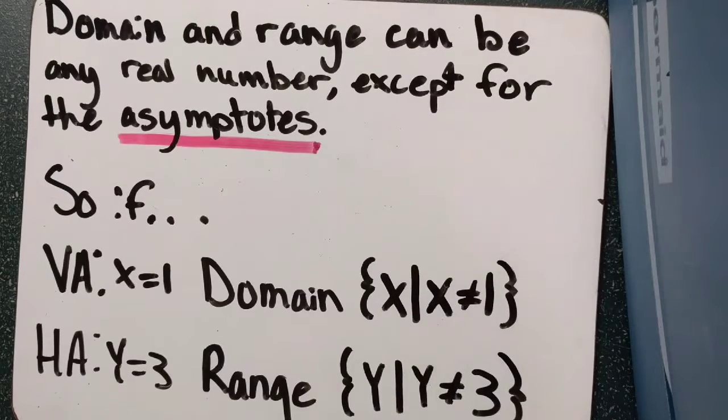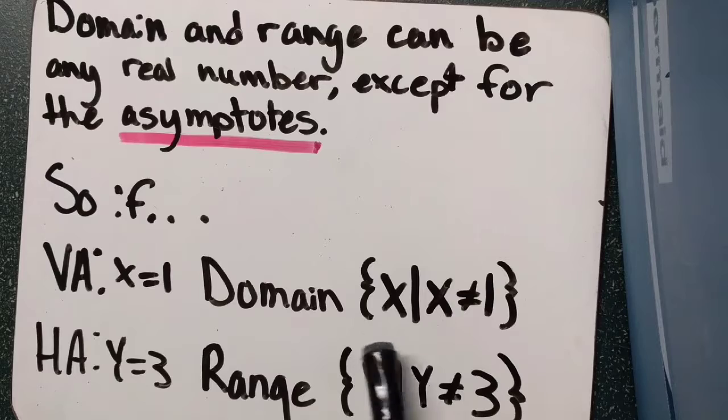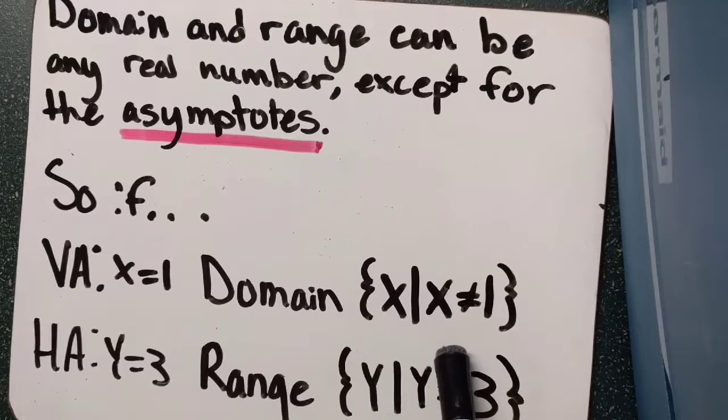Now when we write our domain and range, we're always going to have these brackets at the end that section it off so that we know this is our domain and this is our range. This little line here means "such that," so x such that x cannot equal 1.